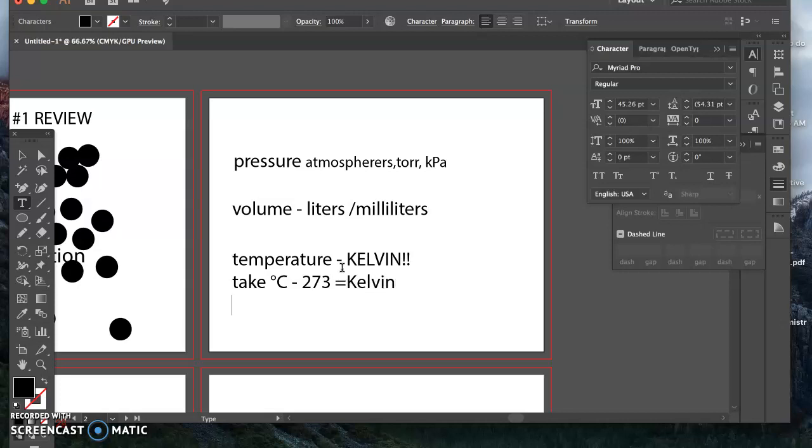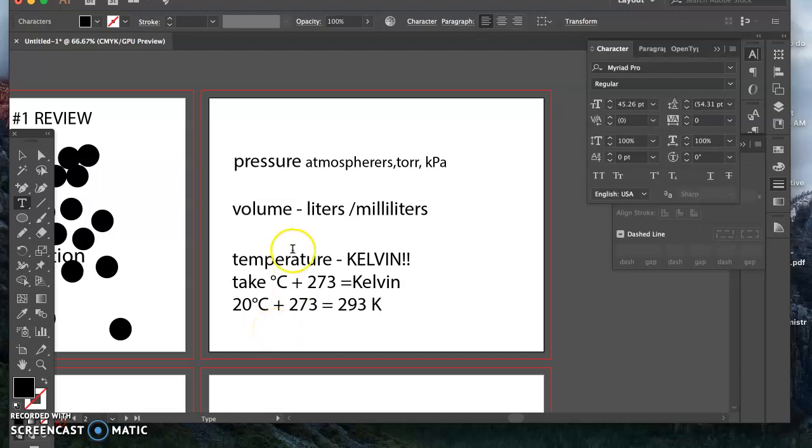So for example, right now in the classroom, it's 20 degrees C. Oops, let's change that to an addition, thank you. It's 20 degrees C plus 273 equals 293 K.